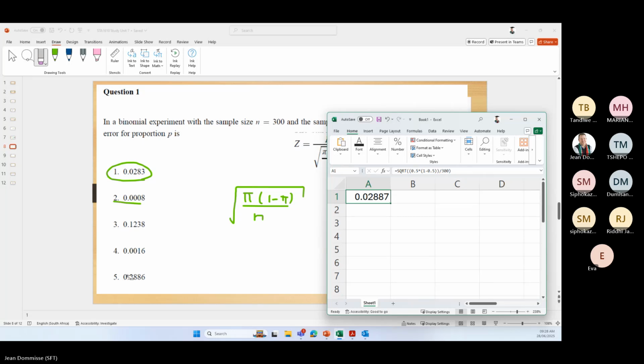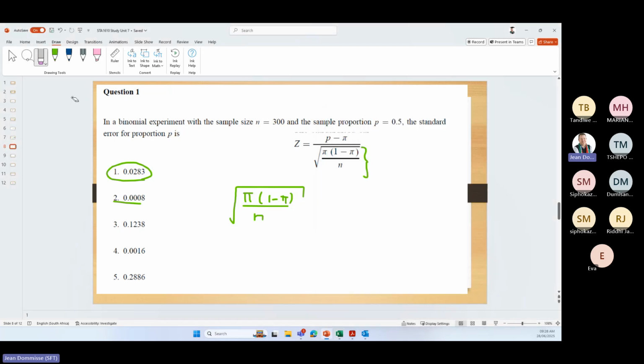So look at, if it was 0.028, so that is why you should check. They give you an answer that is quite similar, but look at where the 0 is. So there's no 0. That is how they nearly trick you.